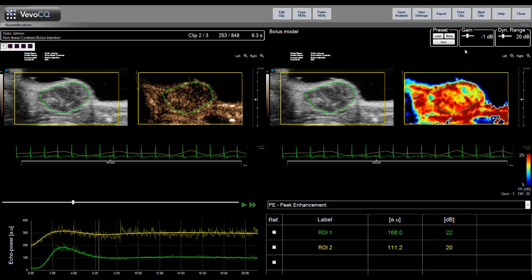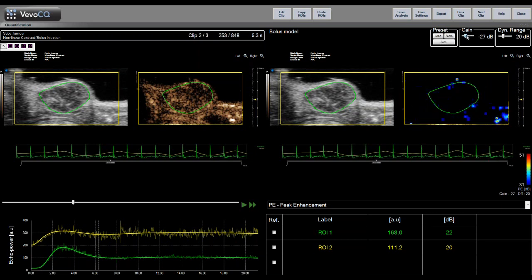And this is also important: the VevoCQ software auto sets gain and dynamic range for this parametric imaging up here. But if you want to compare data between animals, you can either manually select a gain level here, or you can also make some presets for all the different parameters and change how your data looks here.